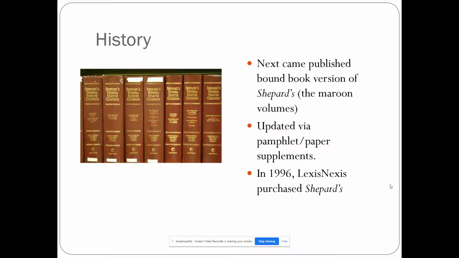So Lexis, when they purchased Shepard's, put a lot of money into developing software that would make Shepard's more user-friendly, which makes it look more like what it looks like today. And then when the contract for Shepard's being available on Westlaw expired, Lexis didn't renew it, and that's when Westlaw developed KeyCite.